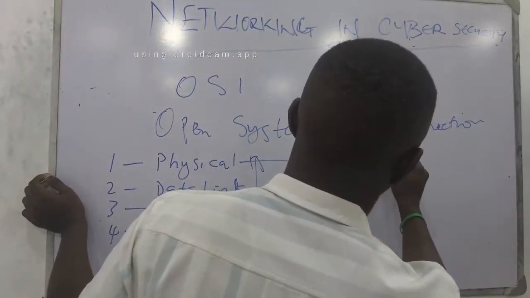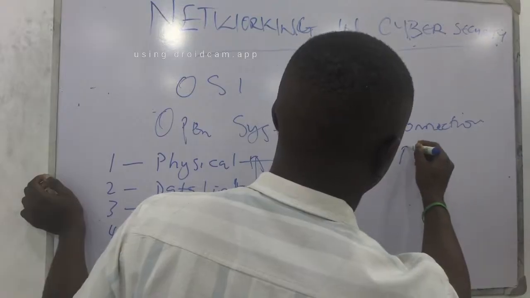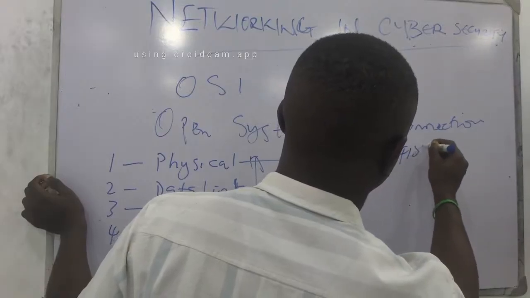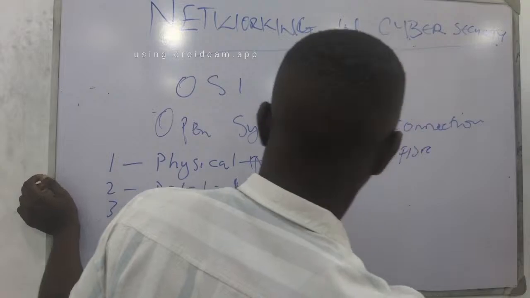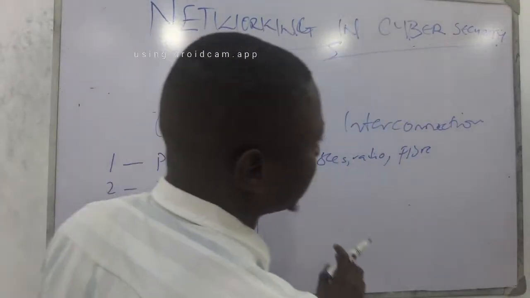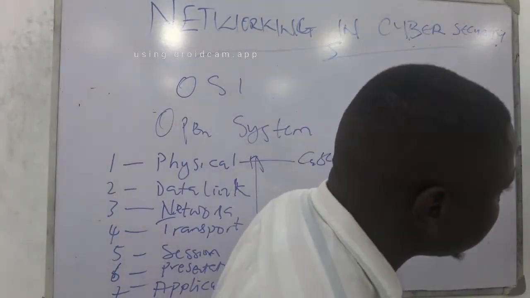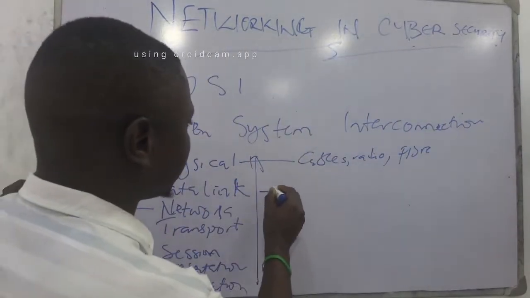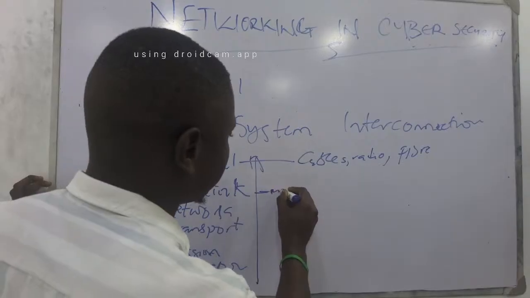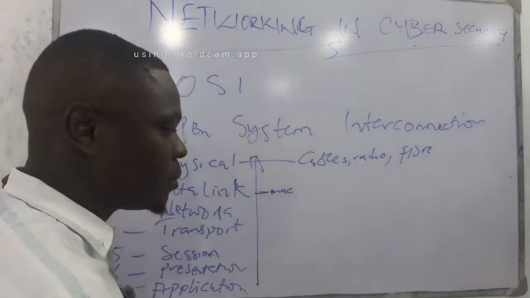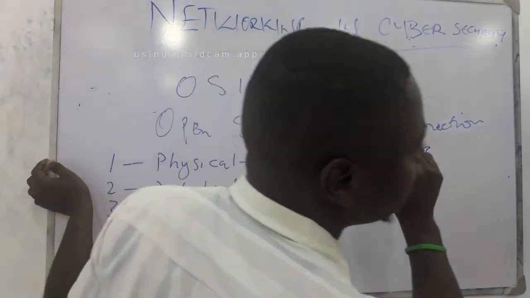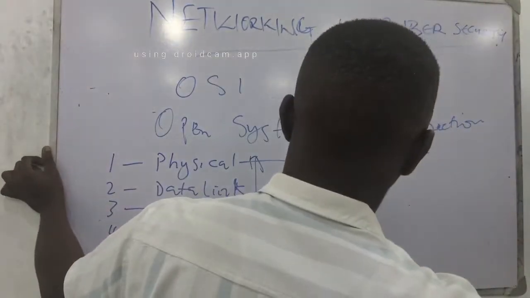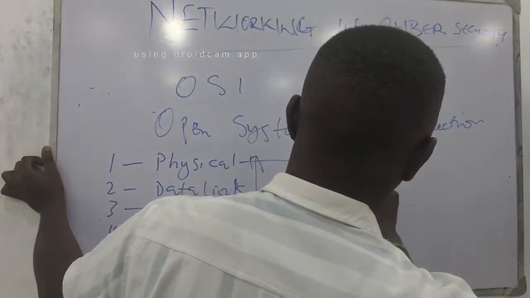So the data link uses the MAC address table. I will explain the MAC address for you guys. It consists of the ethernet, switches, and ARP. Then the third layer is the network layer, right? It's also called the routing layer.